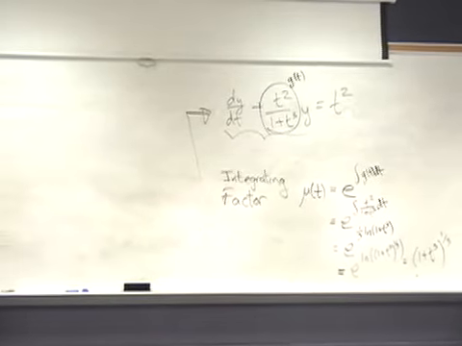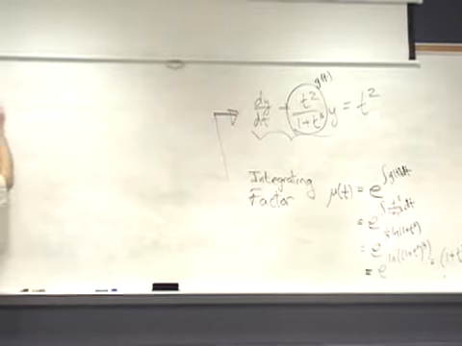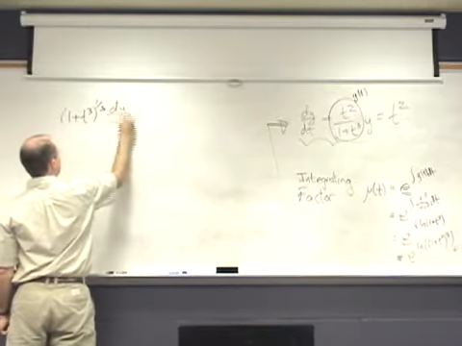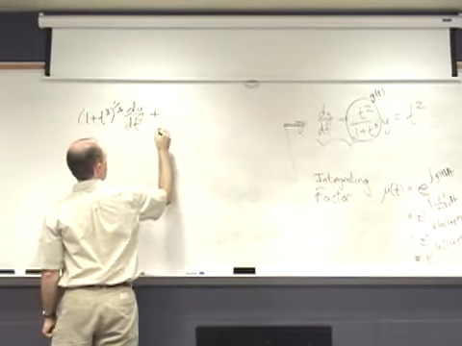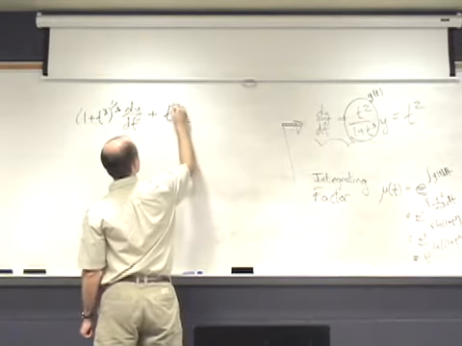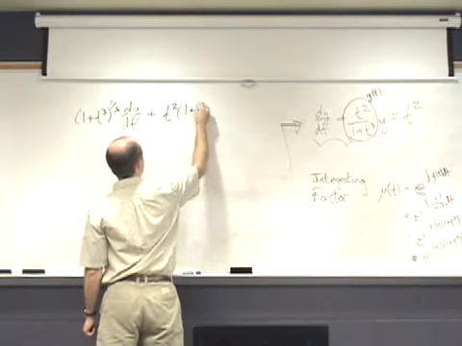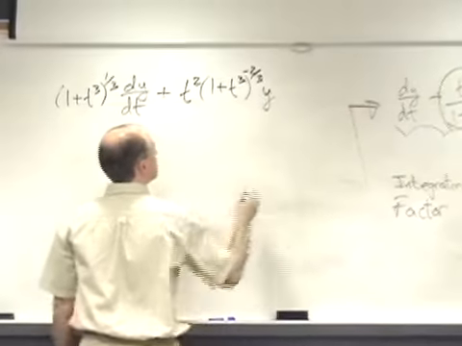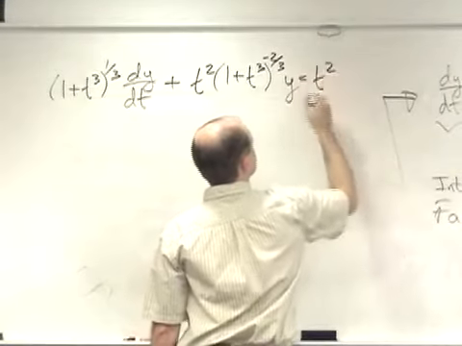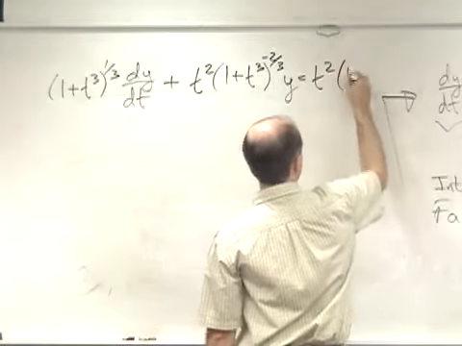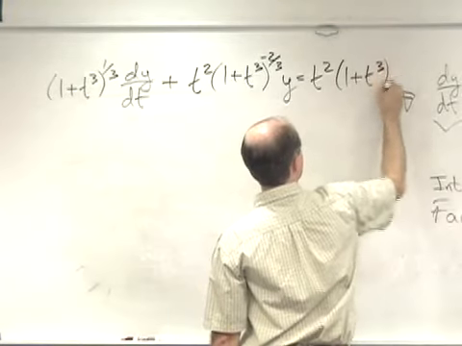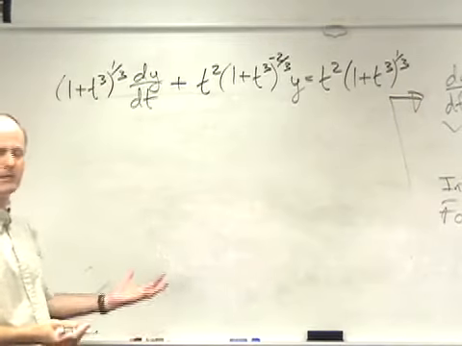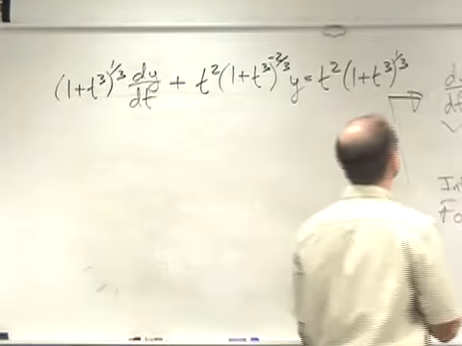But this is just the thing that we need. 1 plus t cubed to the 1/3 power to multiply everything in the differential equation by and use properties of exponents to get a differential equation that amazingly we can solve. And you'll see how in just a minute here. Looks probably more complicated, but it actually is going to be easier to solve.